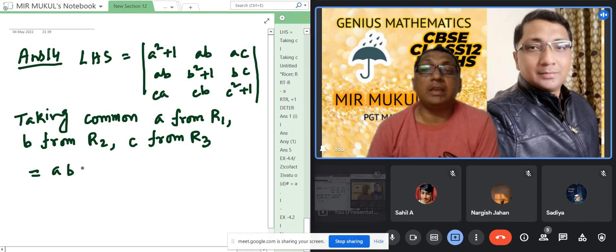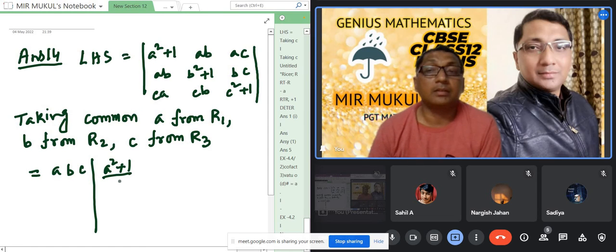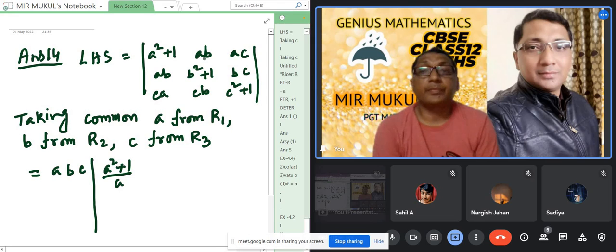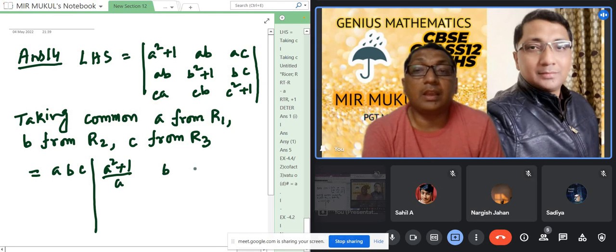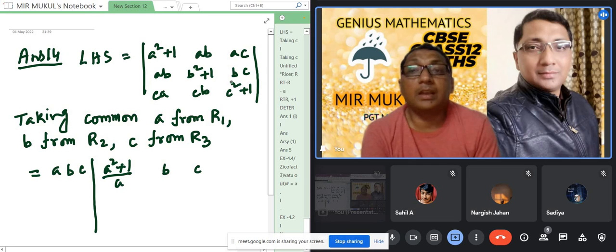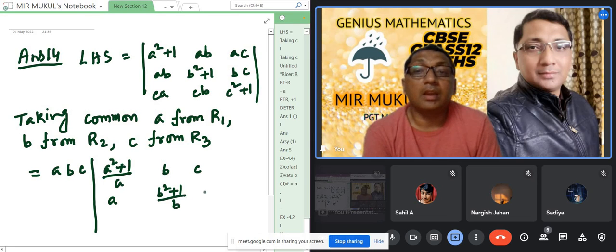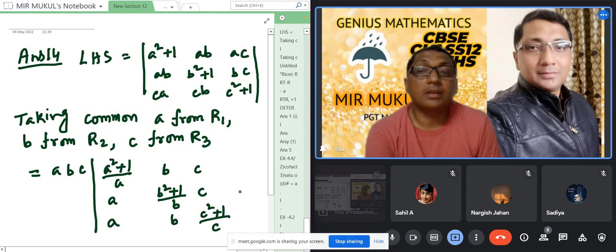So a, b, c are common. From here we have taken a common, so it will be a square plus 1 divided by a, and here we'll get b, here we'll get c. From here we are taking b common, so we'll get here a, here b square plus 1 upon b, and here c. From here we are taking c common, so here we'll get a, here we'll get b, here we'll get c square plus 1 upon c.